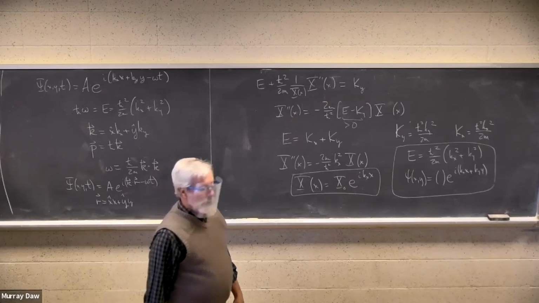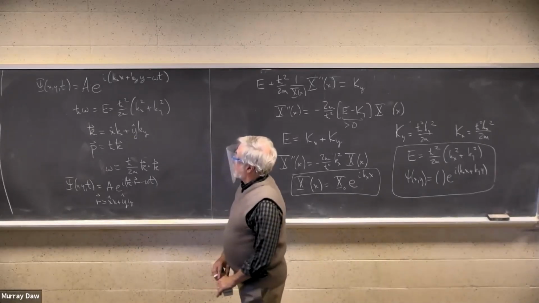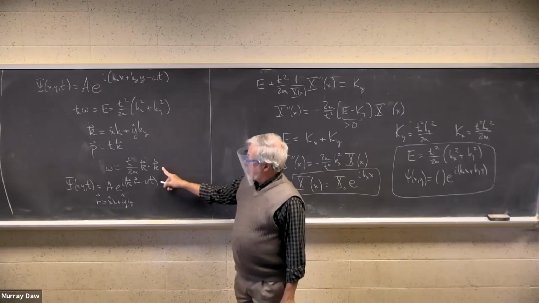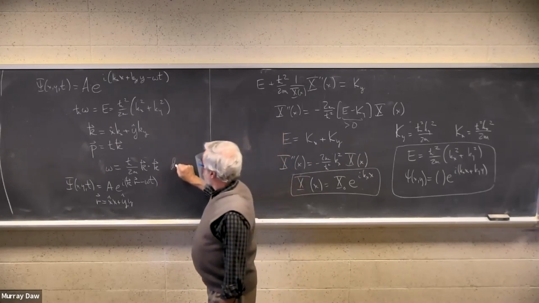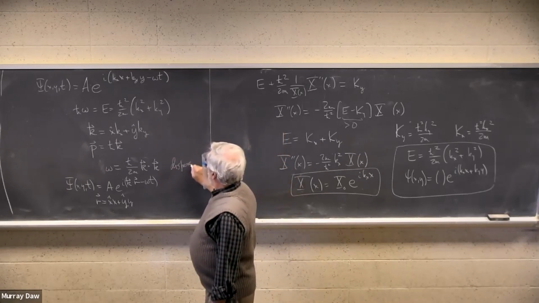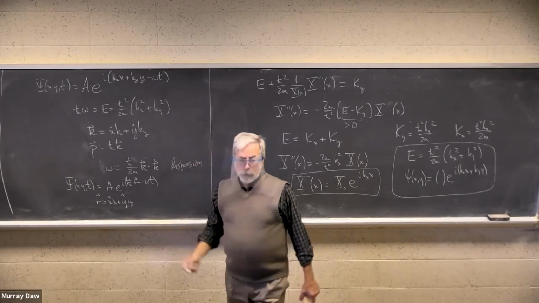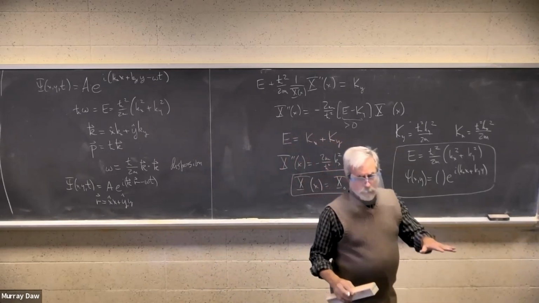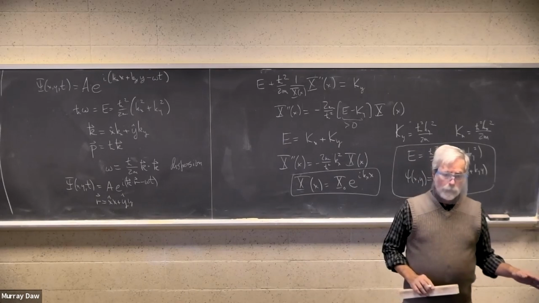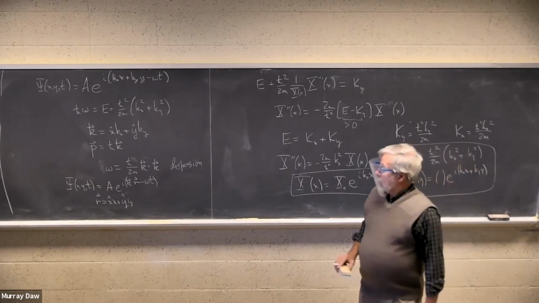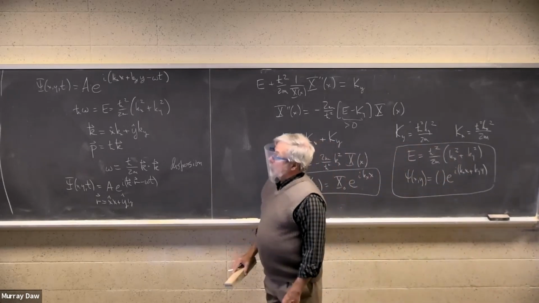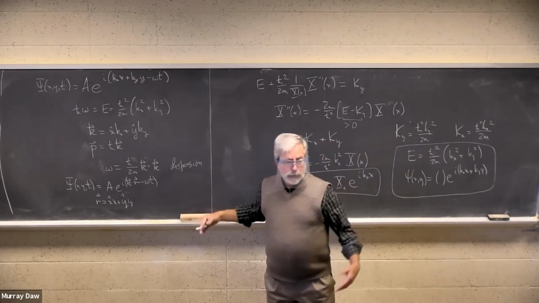For omega, is that h bar over 2m times k dot k? Yep. This is now the dispersion relation for the Schrodinger equation for a free particle in 2 dimensions. In 1 dimension before, now it's 2 dimensions. Actually, you can see how this is going to generalize to 3 dimensions.